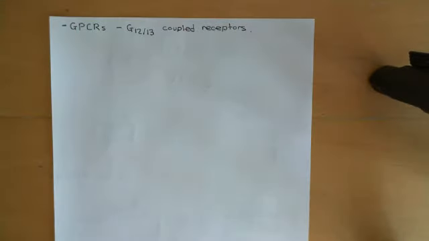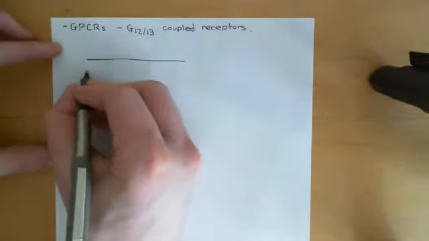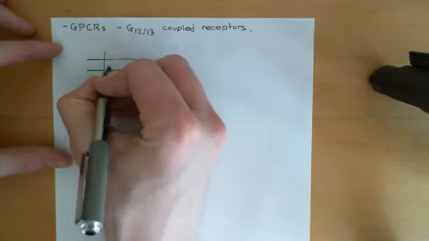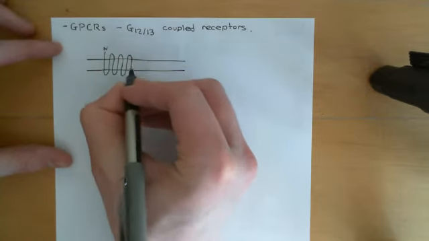Okay, right, so firstly let me discuss some examples of G12/13 coupled receptors, because they're rarer than you would think. Okay, so here is the cell membrane, and we'll draw our G protein coupled receptor with its characteristic 7 membrane spanning alpha helices.